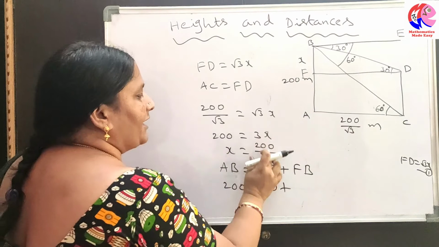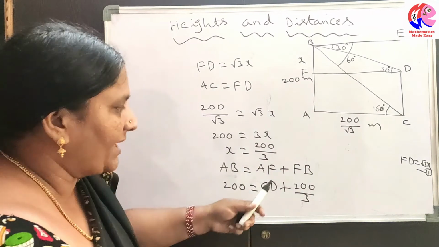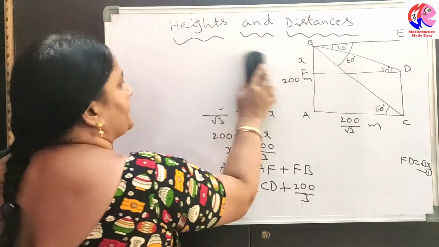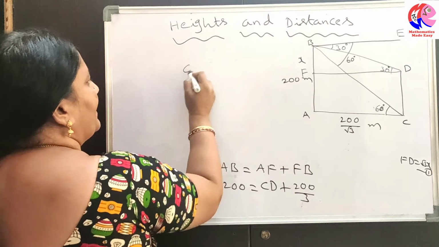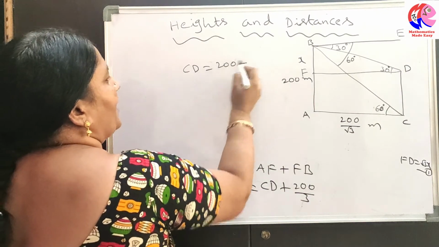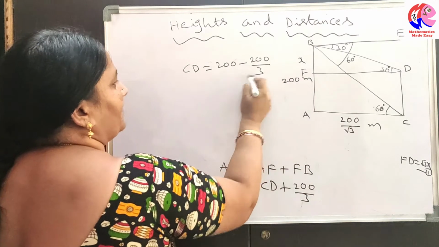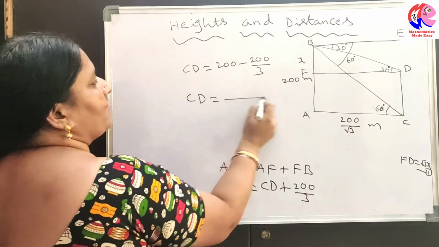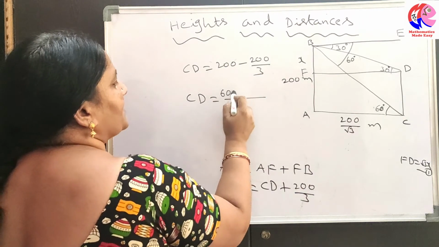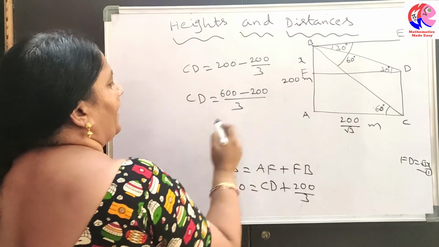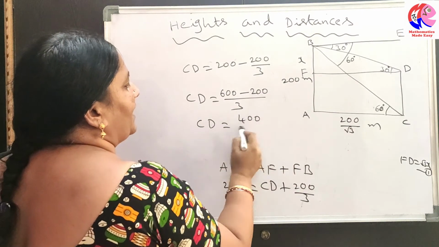We got x value is 200 by 3. Then bring 200 by 3 to LHS. It becomes CD is equal to 200 minus 200 by 3. Then CD is equal to, LCM is 3 here, 3 into 200 is 600 minus 200. So CD is equal to 400 by 3.